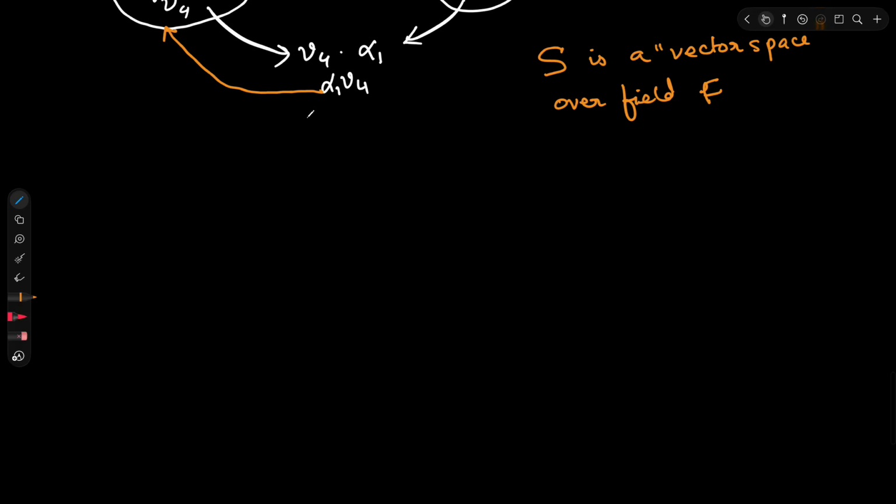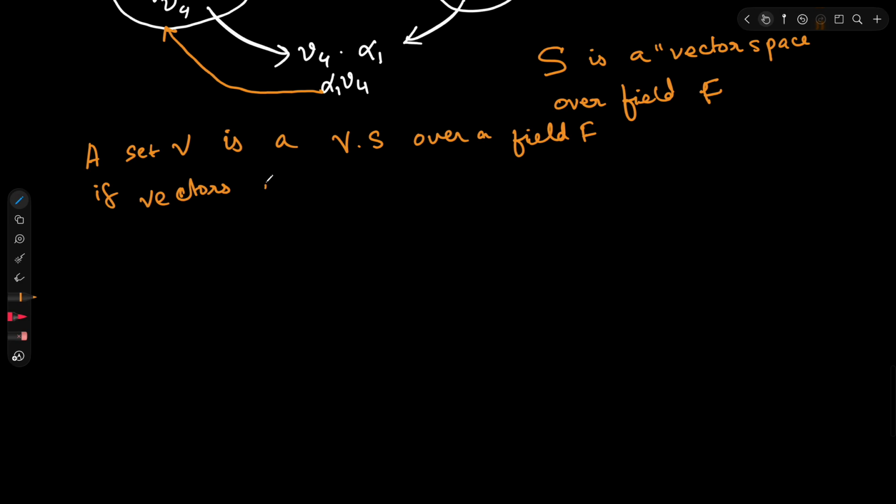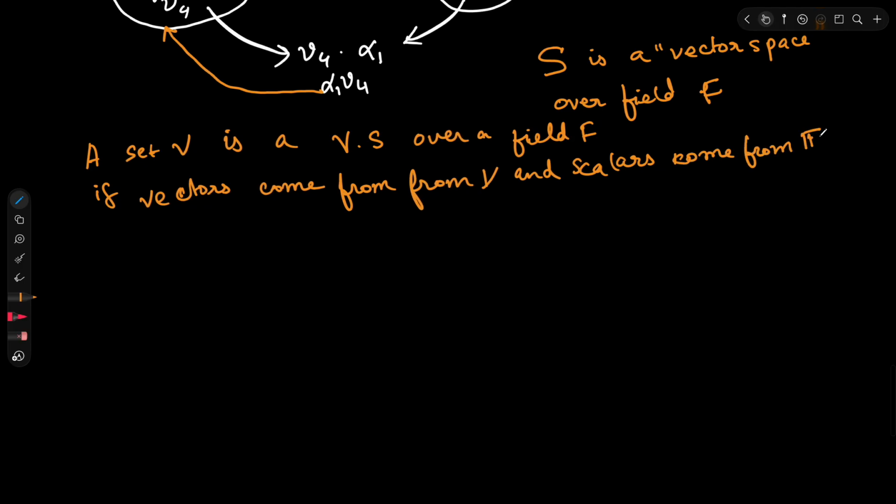A set V is a vector space over a field F if vectors come from V and scalars come from F. So V is a set of vectors and F is a set of scalars.